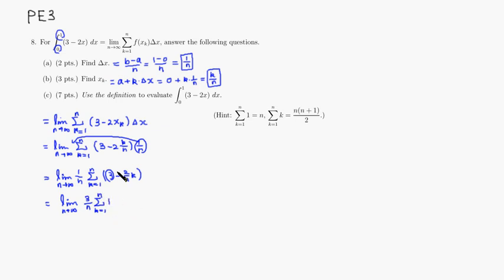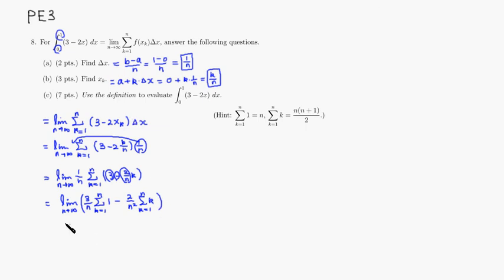Then you have a minus sign, and pull out the 2 over n outside. So you're going to have a 2 over n squared, then you have a summation of k, as k goes from 1 to n.